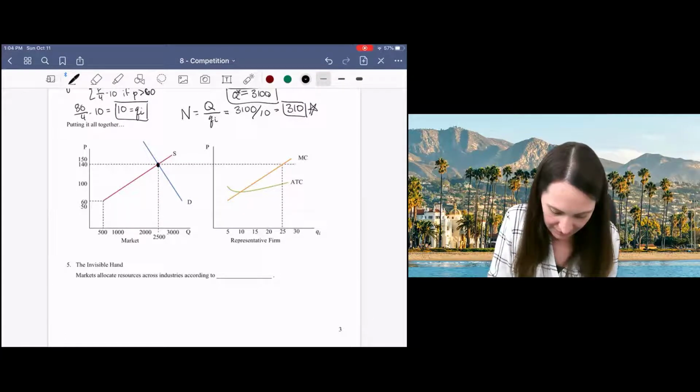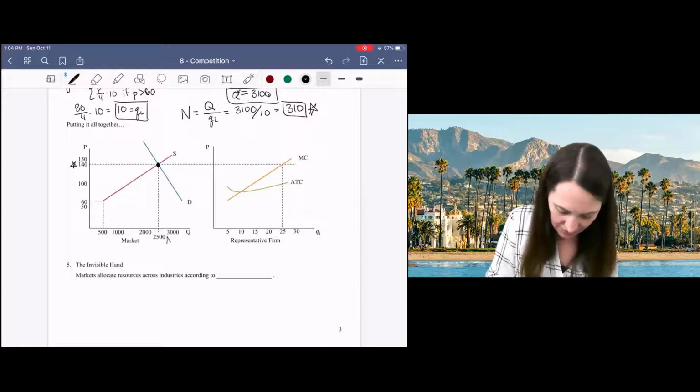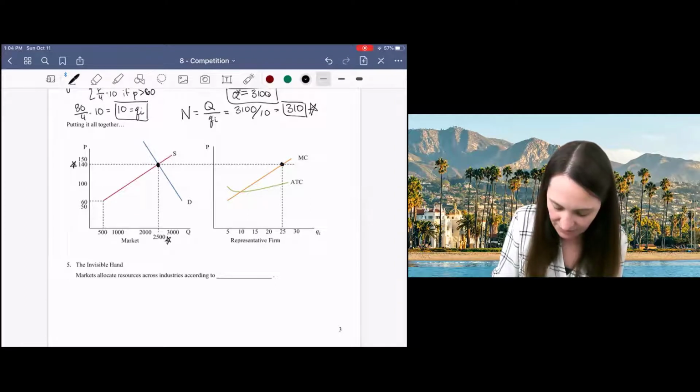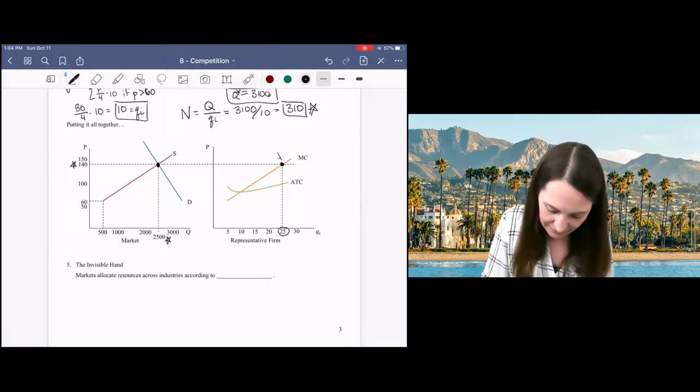In the short run, we have a price of 140, a market quantity of 2,500, as there are 100 of these individual firms, each producing 25 units. So this is our short run profit maximizing point.